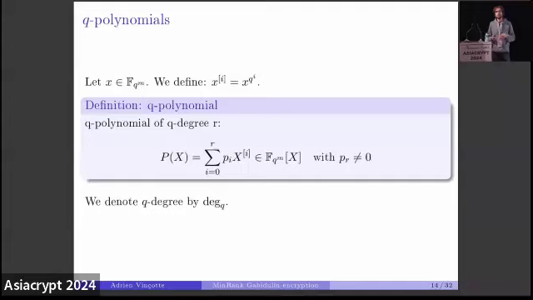Then, to define the Gabidulin codes, I will explain what q-polynomials are. The q-polynomials are special polynomials since only the coefficients which are a power of q are non-zero. This means they are linear combinations of compositions of the Frobenius, so a q-polynomial is a linear application.